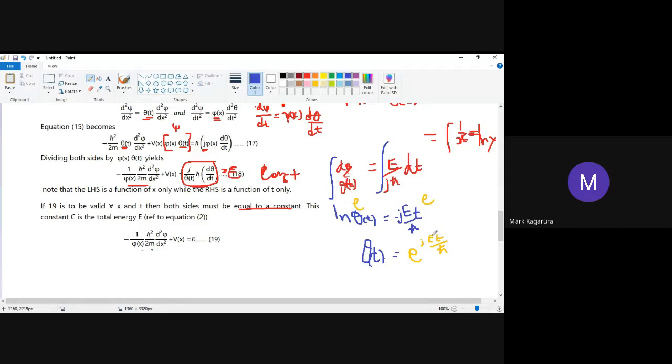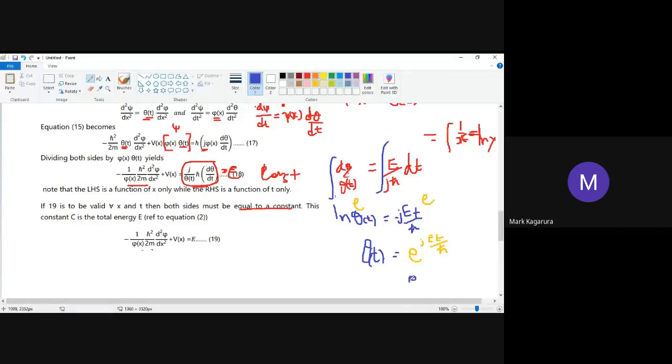And E is equal to h bar omega. Yeah, so we still get what we want. So you realize it's just multiplying through by that e to the j omega t.